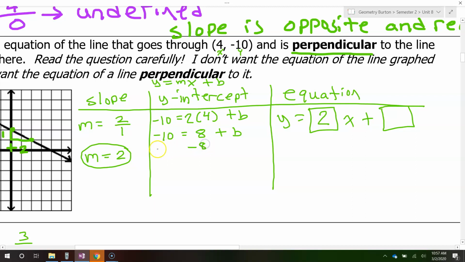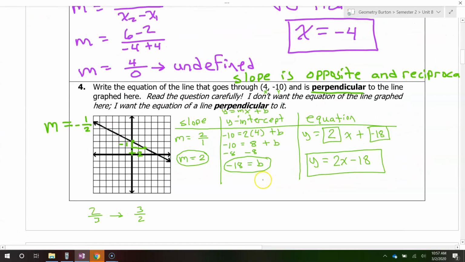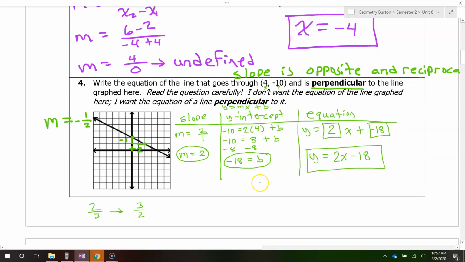And then we simply subtract 8 from both sides. And that is -18. So b is -18. So that's why I will have -18 right here. And this is the answer, but don't put plus -18, just put -18. So the final answer will be y equals 2x minus 18. All right, and that is it. All right, that's going to do it for this video.